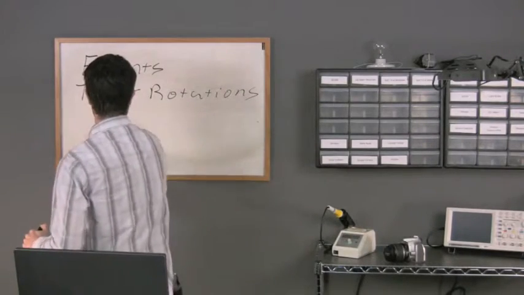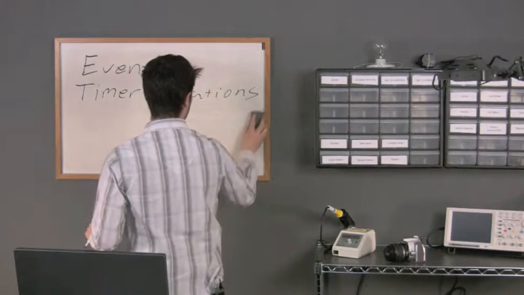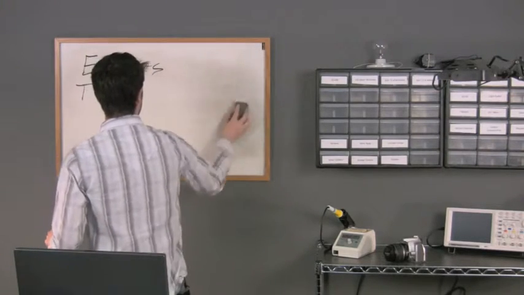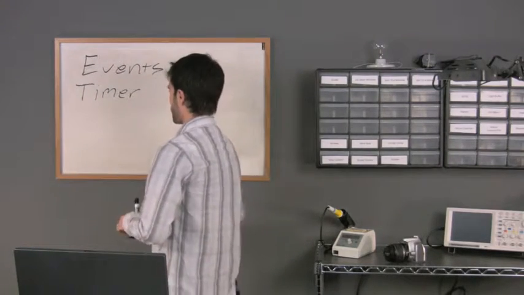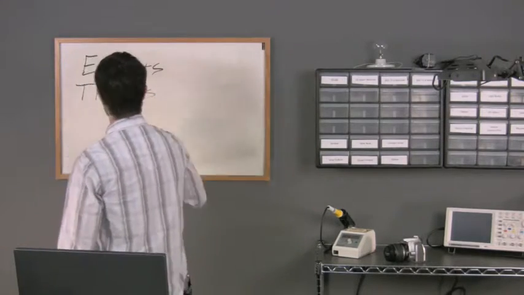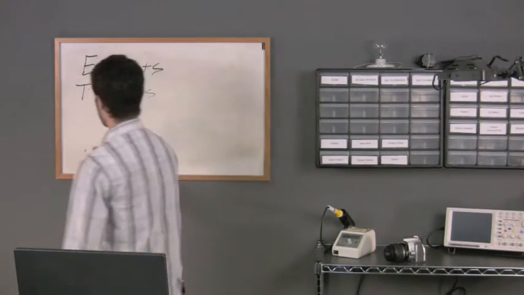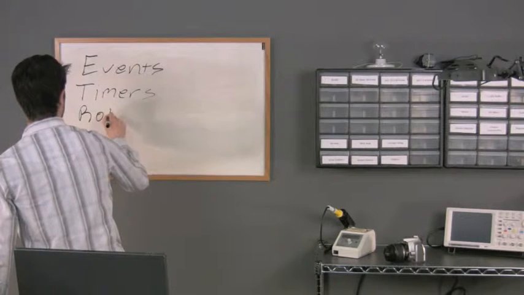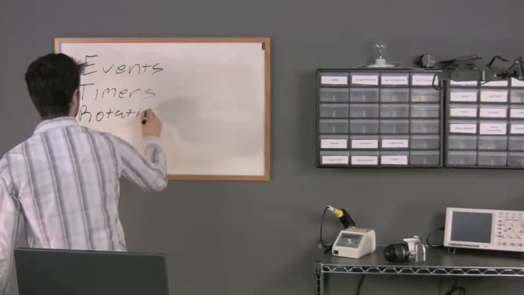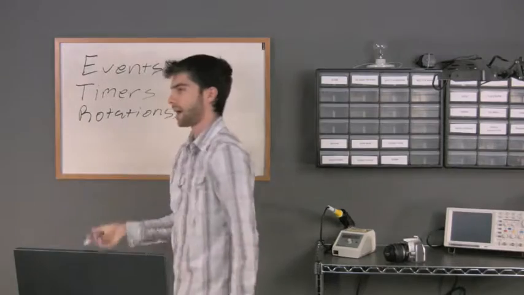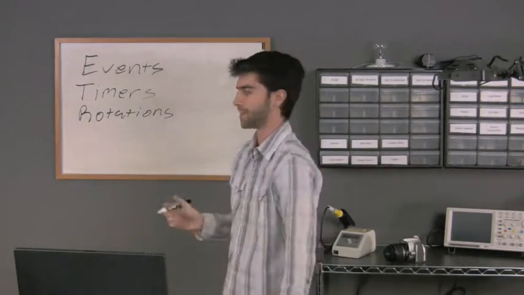I just want you to have an idea of what a timer rotation is before we get into that. Okay, so we've covered timers. That one's really easy. We've covered rotations. You've got an idea how those work. You don't know when in the world you're ever going to use them.